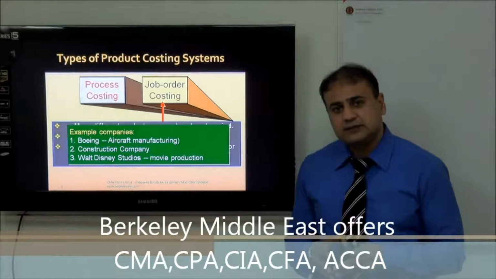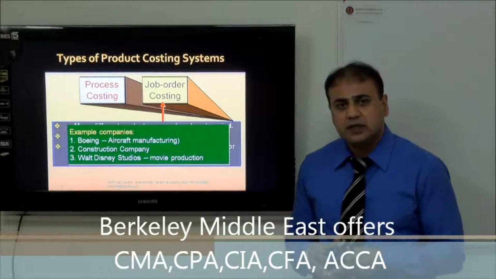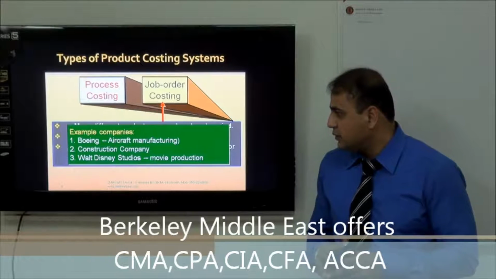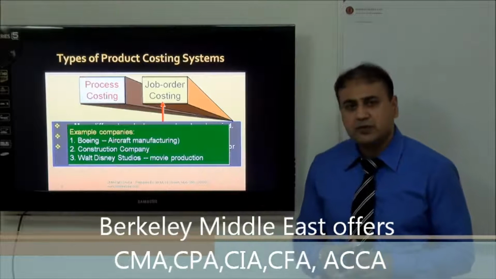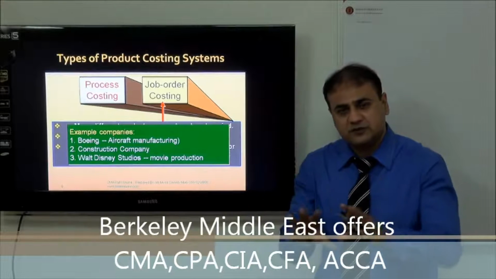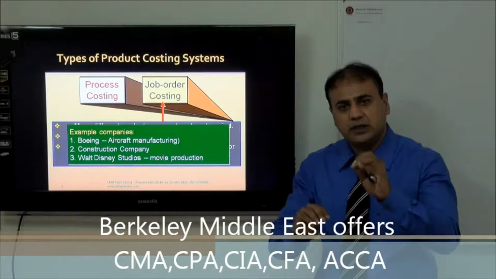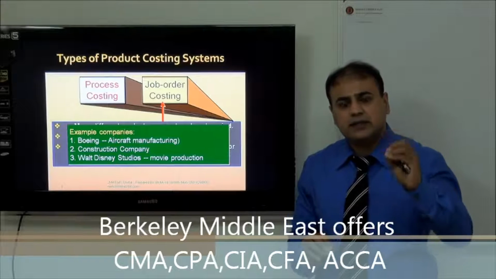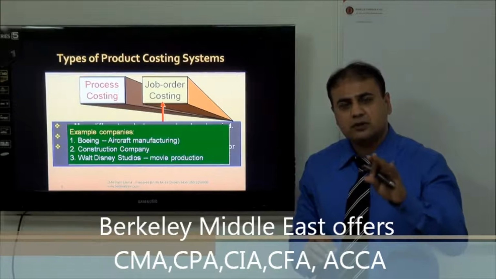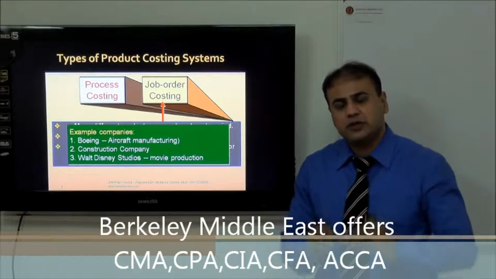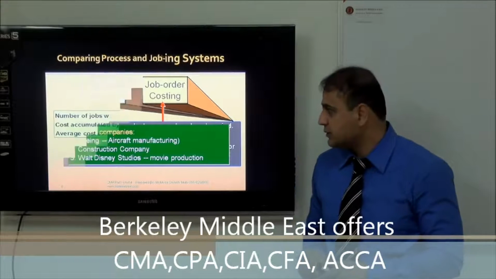An example is if you are making an aeroplane, or you are in the construction industry, or you are making a video. This is one specific job. You have to see what material, labor, overheads, indirect, direct, and how they are to be put into the product cost.